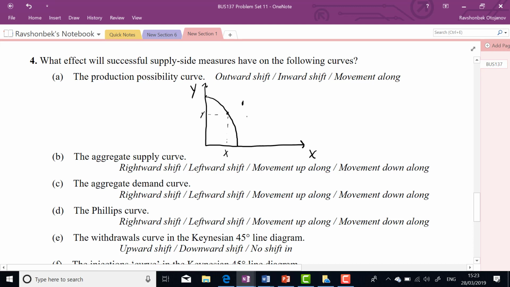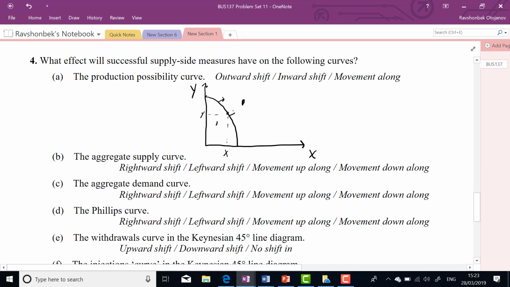No, they don't have resources. Can they operate here? Yes, they are able to, but they're inefficient because they are not utilizing all the labor, capital, and others. So to go to this point, what do they need to do? Implement supply-side policies which expand their capacity.